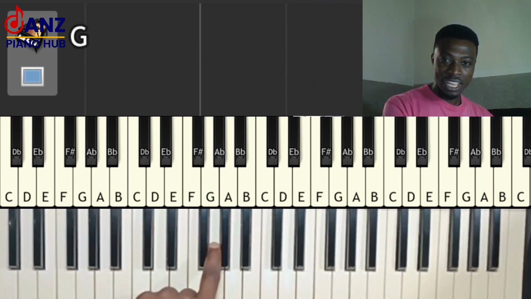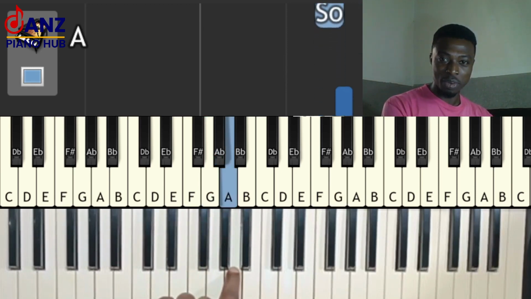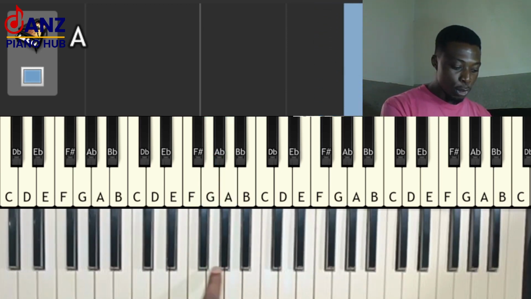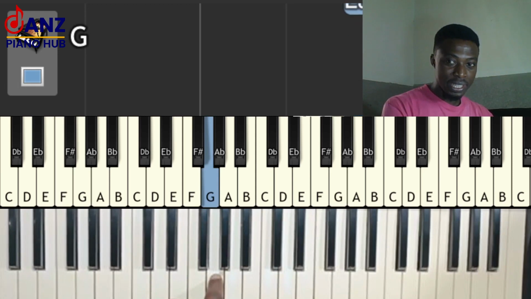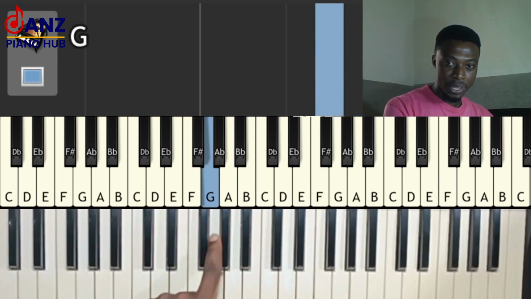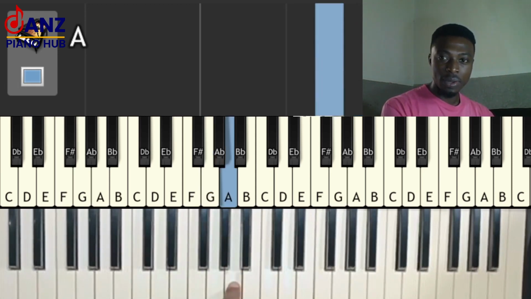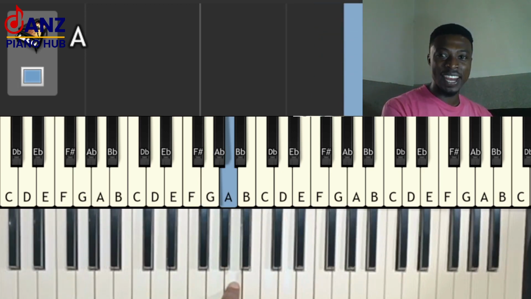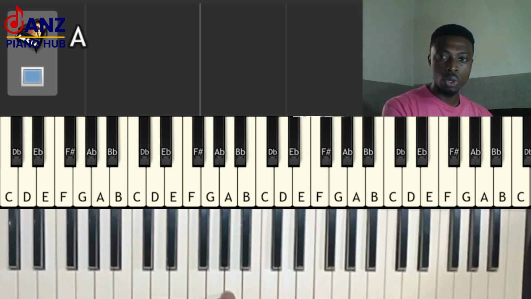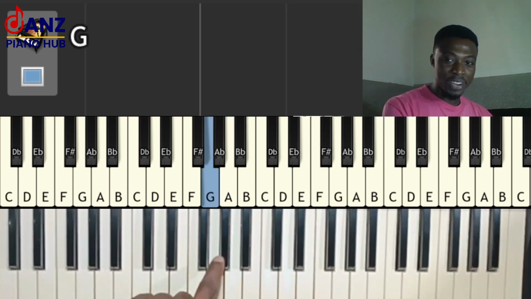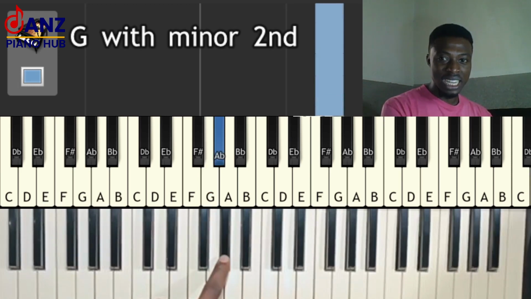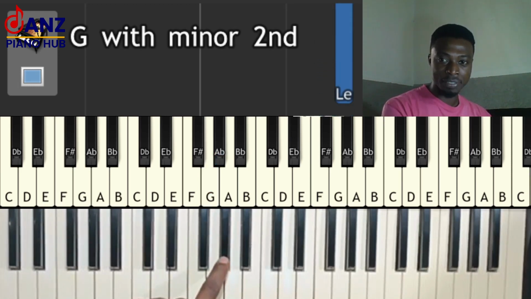G, A flat, before we have A. So if I'm on G, and I skip A flat and I go to A, what I've simply done is that I have played a tone, or a full note, or a whole step. Now, if I should play the immediate, that is a semitone or a half step.